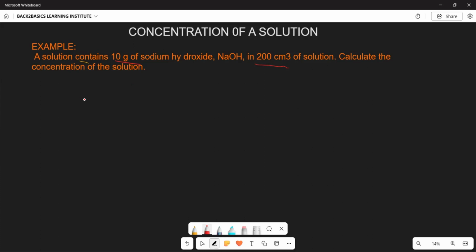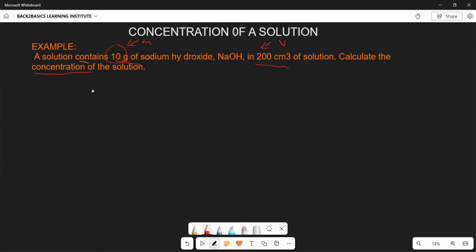Calculate the concentration of the solution. What you are given here is what we regard as your mass, and what you are given here is your volume. And they want you to calculate your concentration.